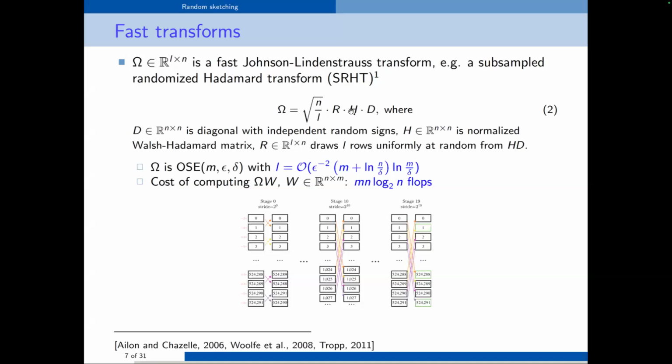And then we draw L rows uniformly at random from the result, and then we rescale.